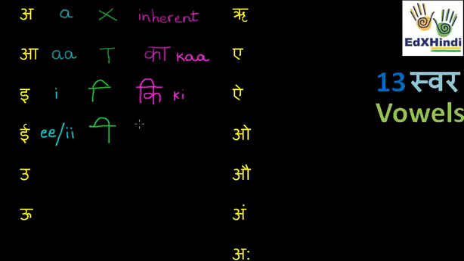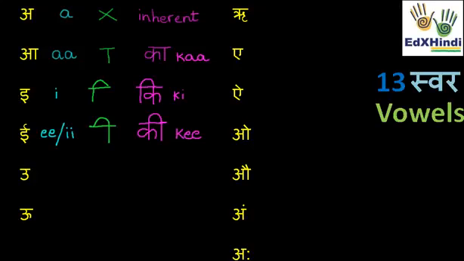So let's look at the example. This is our consonant K, and this is how the long E vowel symbol looks like, and this makes it kee, the long E sound.